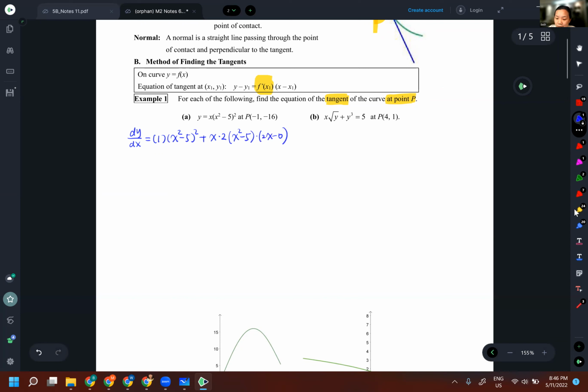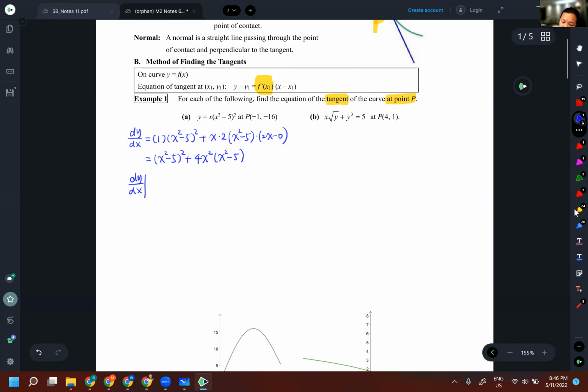Okay. Simplify a little bit. I don't have to simplify to the fullest. As you can see, this is not simplified. To simplify, I have to take out x squared minus 5, but I'm not going to do that because I don't need the derivative function.